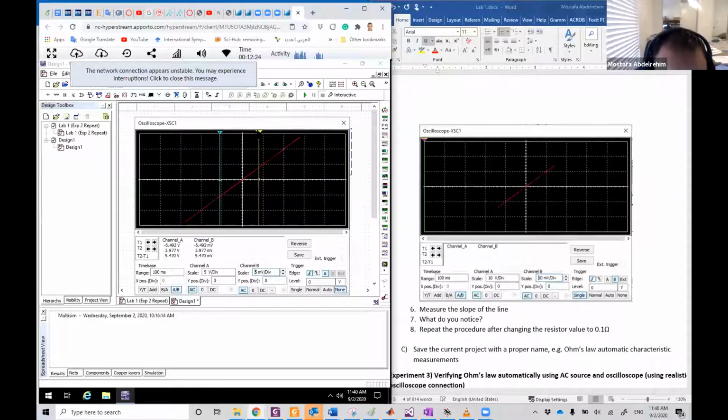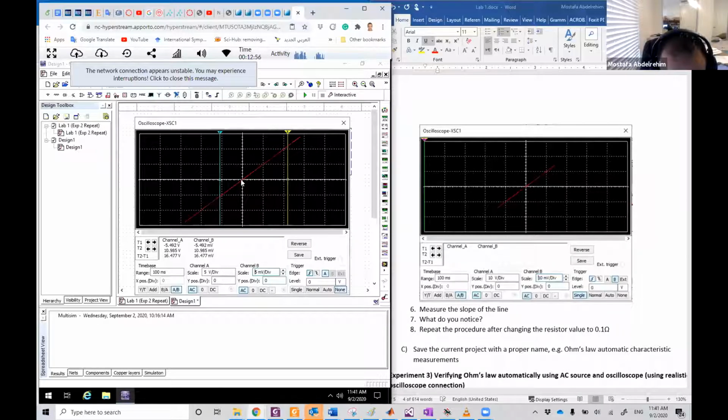So now we have Ohm's law automatically. It's perfect. You don't have to make it point by point or anything like this. Now, if we want to measure the slope, simply look at the x divisions and y divisions. The x divisions here is 5 millivolt per division.